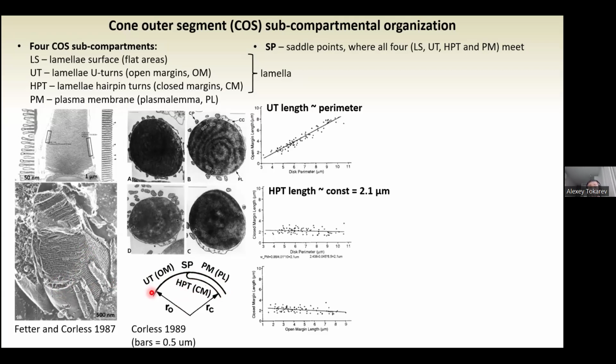And we know roughly the geometry of the plasma membrane. In particular, we know from experiments that the width of the plasma membrane does not change along the outer segment. So the plasma membrane is like a rectangular piece of membrane which partly envelops the column, and U-turn is proportional to the perimeter.